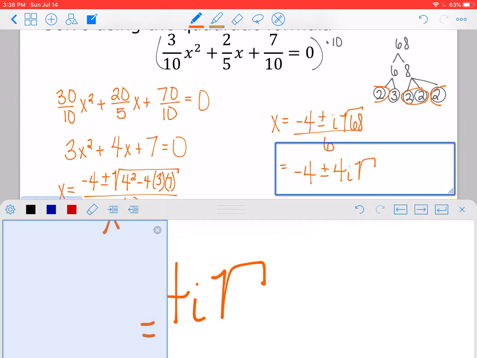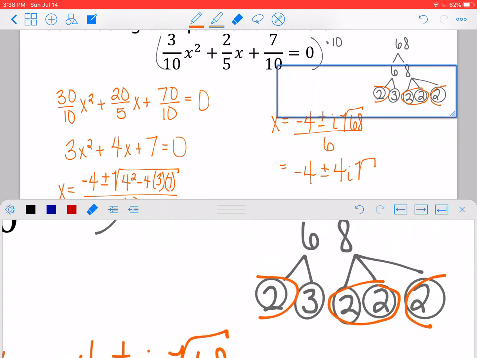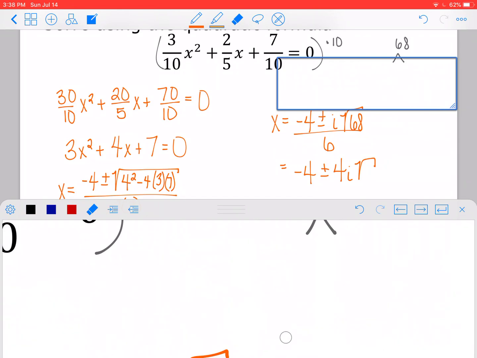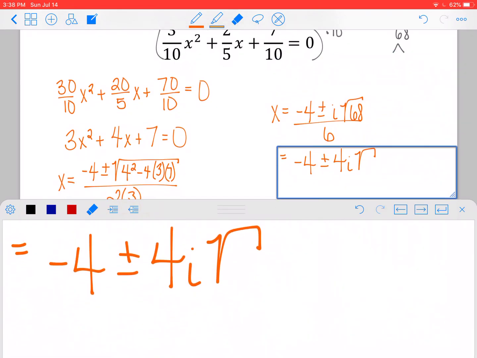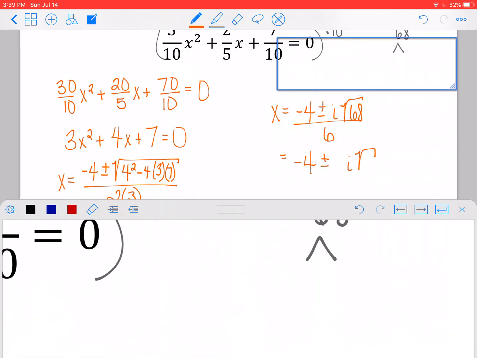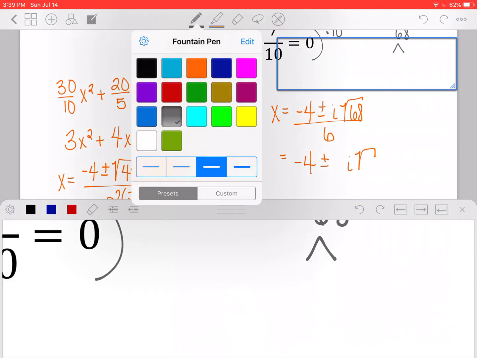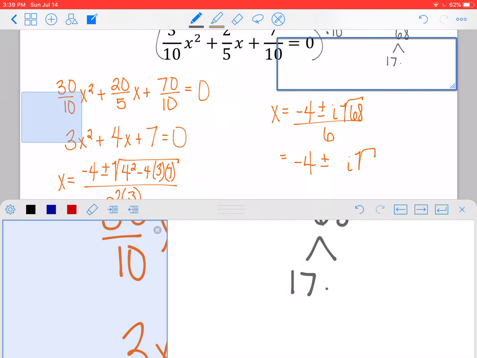68 is actually 17 times 4, believe it or not. Okay, square root of 4 is 2, and we're left with a 17 under the radical. And on the bottom we've got 6. Now remember, we need to write that in terms of a plus bi.